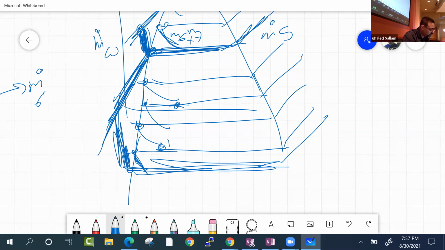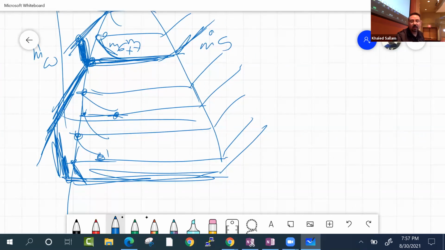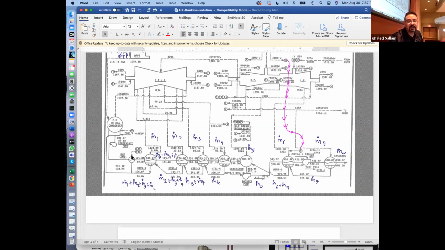I know the sketch is horrible, but basically what I'm saying is there is this pump and there is this pump, right? And then there's another pump here also to take you higher. But with one pump, all those are at the same pressure until you hit the feed water heater.